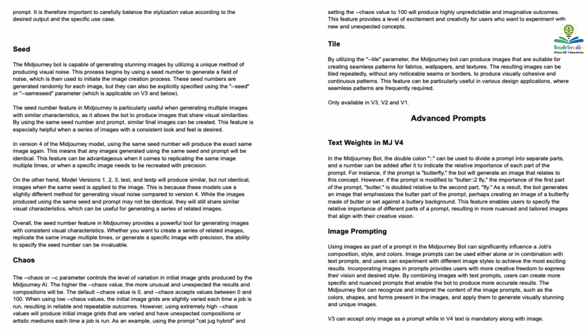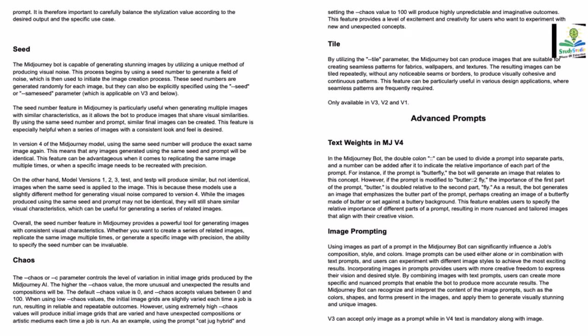This process begins by using a seed number to generate a field of noise or randomness, which is then used to initiate the image creation process. These seed numbers are generated randomly for each image, and they can also be explicitly specified using the seed parameter.